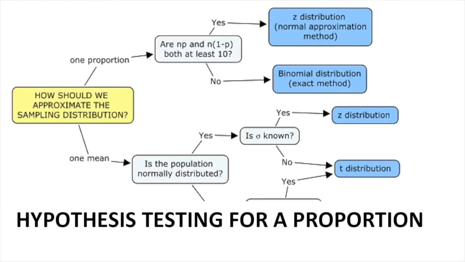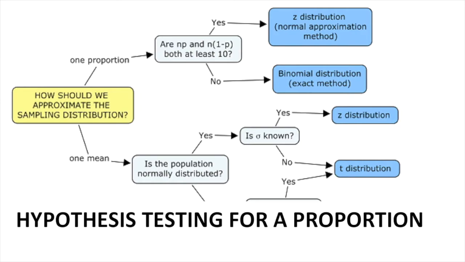We'll start by looking at an example for conducting a hypothesis test for a proportion. There are two different approaches that you can use to conduct this type of test. Again, we need to check if n times p and n times 1 minus p are both at least 10. If they are both at least 10, then we're going to use the normal approximation method. Under this method, the sampling distribution is approximated by a Z distribution.